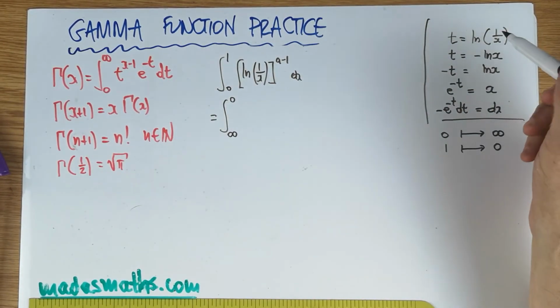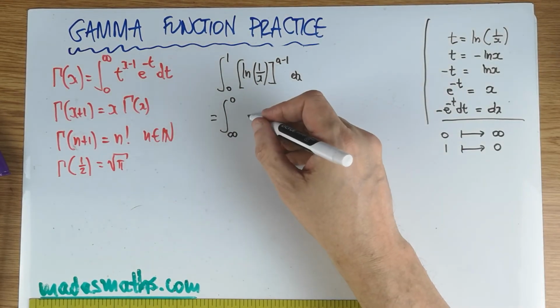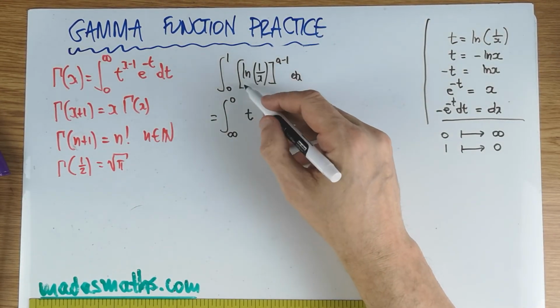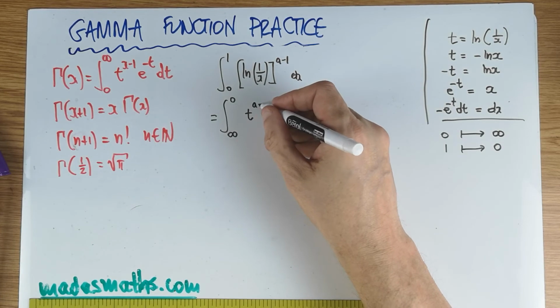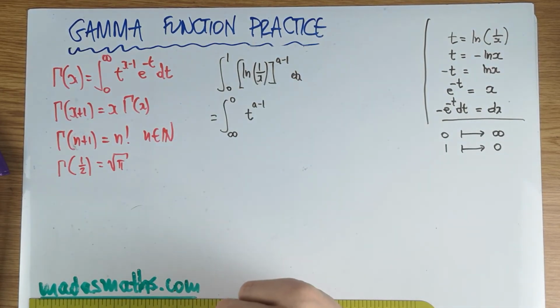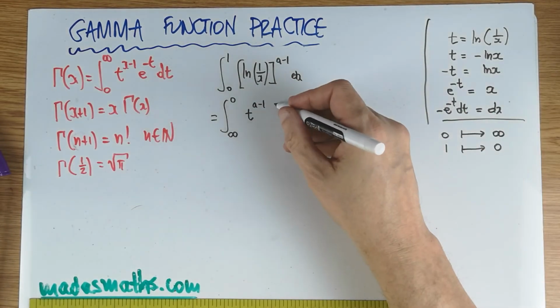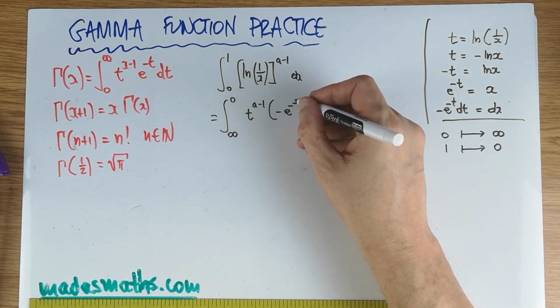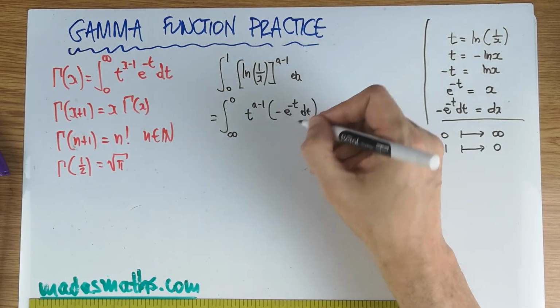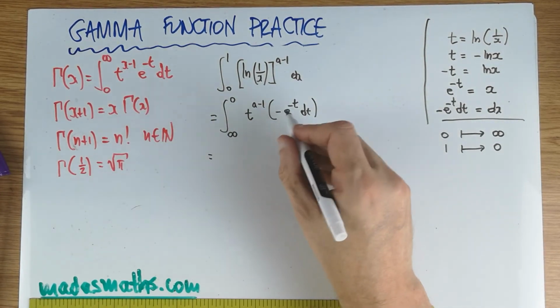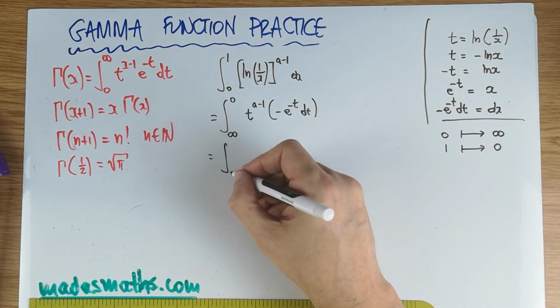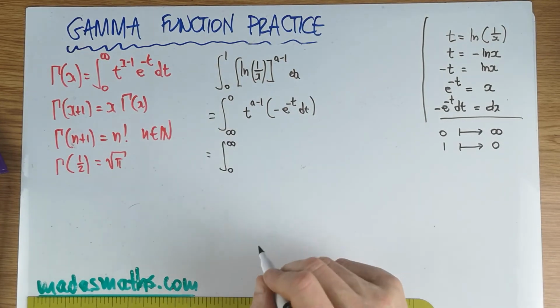The log of 1 over x is just simply t. That's t there to the power of a minus 1. And the dx is going to be minus e to the minus t dt. And this is actually very easy now. Firstly, this minus swaps the limits to the required form.